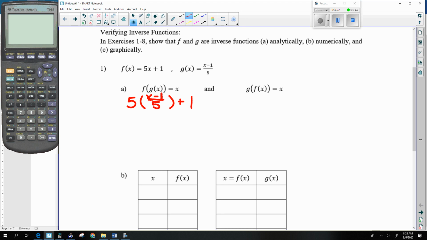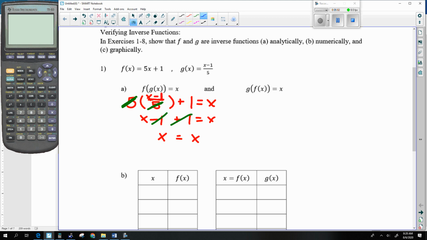Simple math: if I multiply and divide by 5, it goes away. So this is x minus 1 plus 1, and I see a minus 1 plus 1, and so this is indeed equal to x. So that is true on that portion.